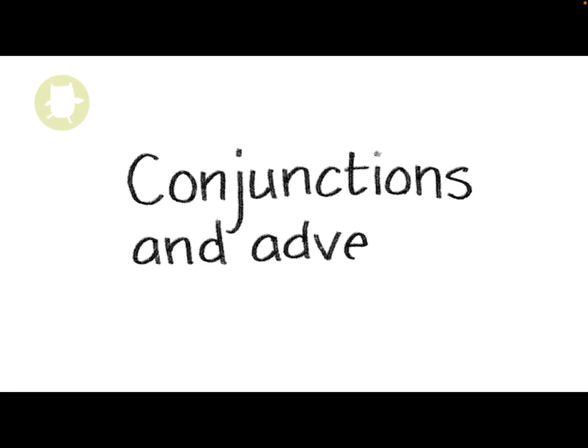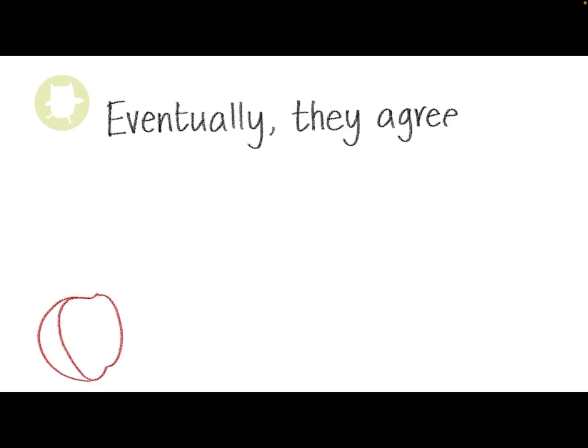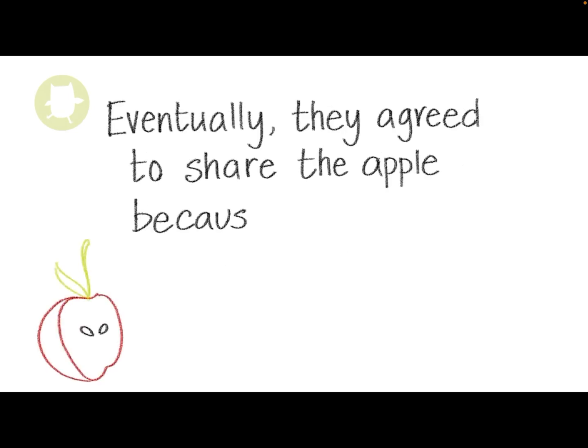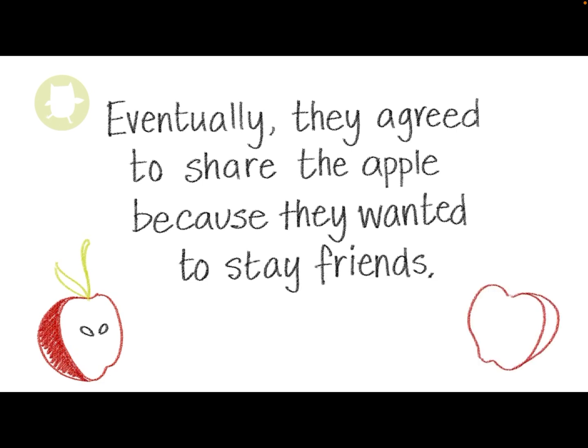Conjunctions and adverbs. Conjunctions, adverbs and adverbials can show different types of connections, such as time, place or a reason. You can use a conjunction to link words or groups of words within a sentence. You can use adverbs and adverbials to link between sentences. Eventually, they agreed to share the apple because they wanted to stay friends.